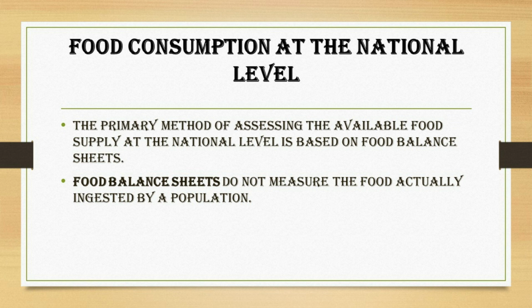They measure the food available for consumption from imports and domestic food production, less the food lost through exports, waste or spoilage, on a per capita basis. The per capita figures are obtained from the population estimate for the country.